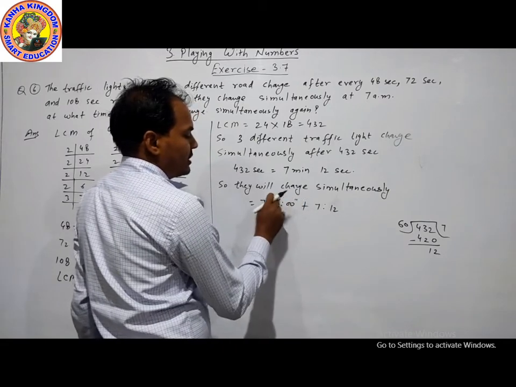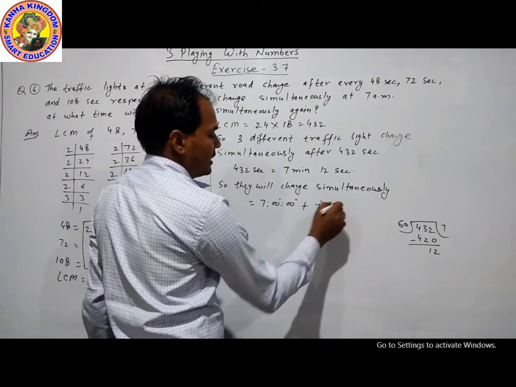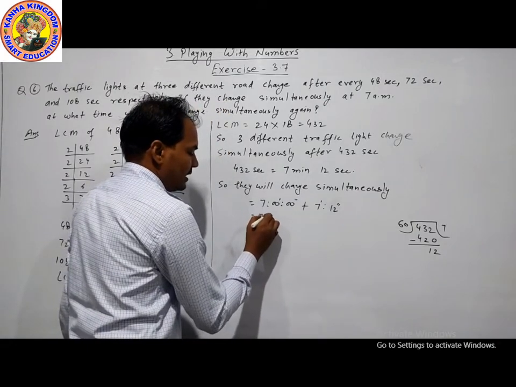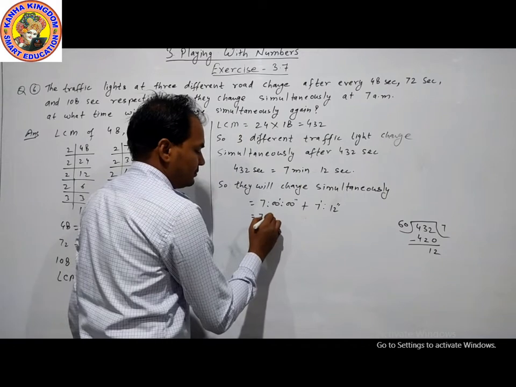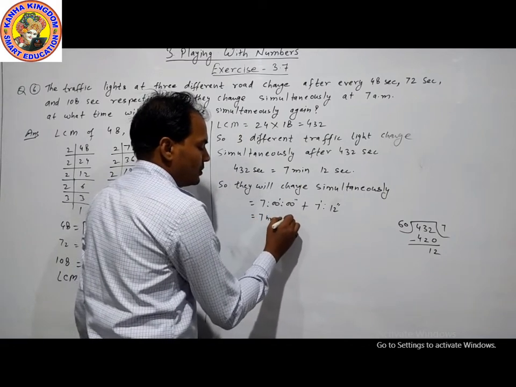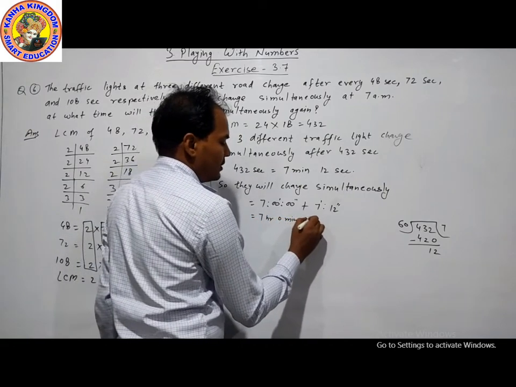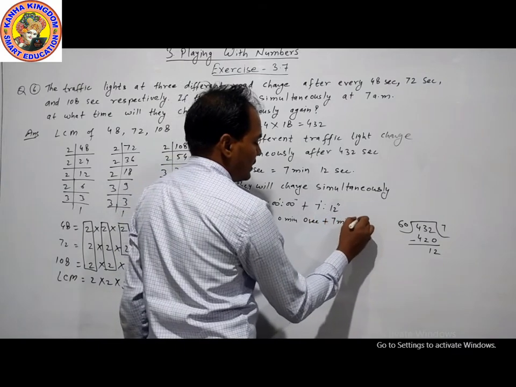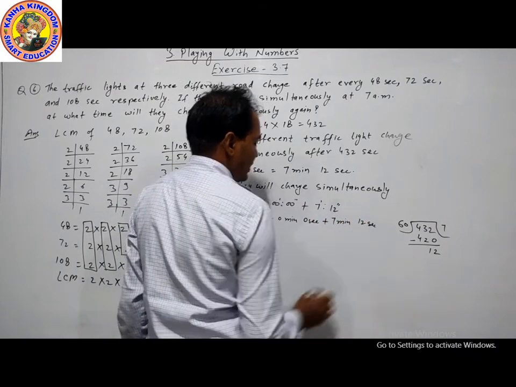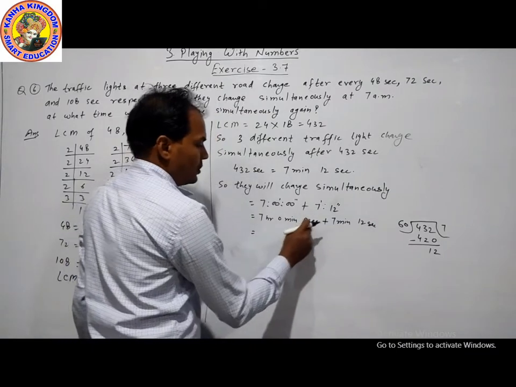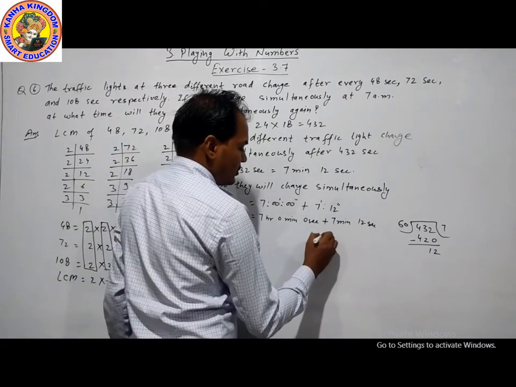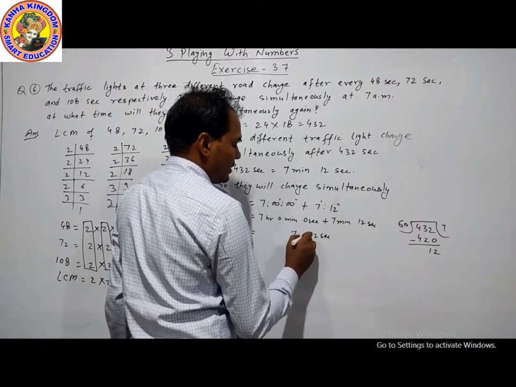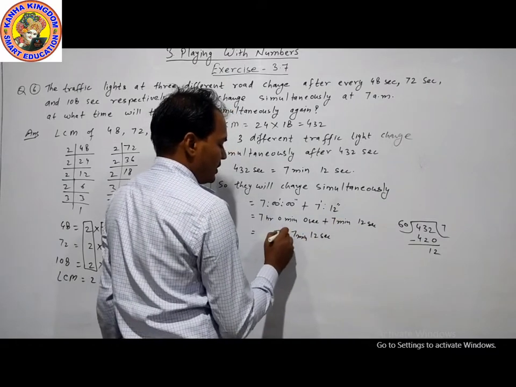This is our second, this is our minute and hour. 0 second plus 12 second is 12 seconds. 0 minute plus 7 minutes is 7 minutes, then 7 hour.